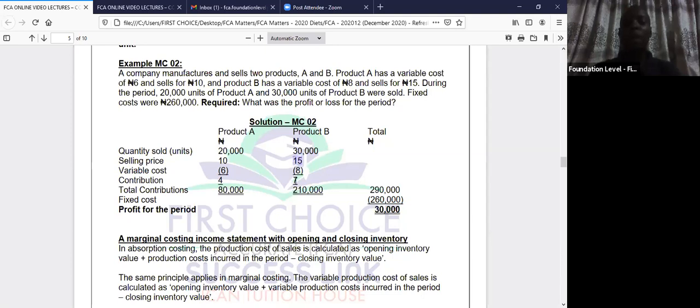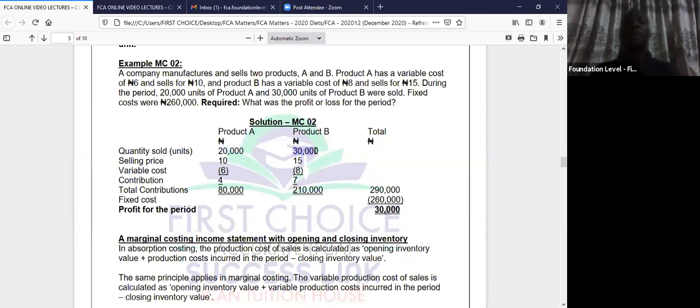And so we have our marginal profit per unit, I call it contribution, 7 naira per unit. That's not all. During the period, 20,000 units of product A, which is this, and 30,000 units of product B, which is this, were sold.